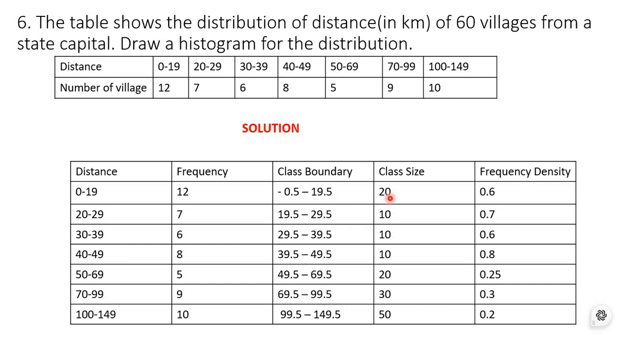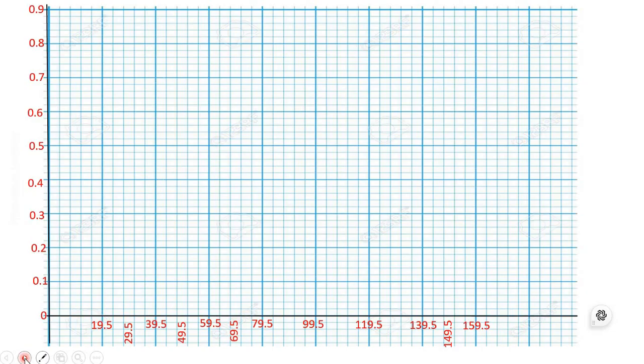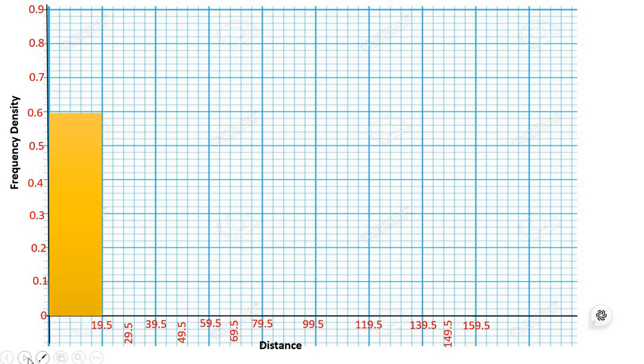My class size will be 20, and the frequency density is 0.6. So I'll be putting the bar from 0 to 19.5, which is this.